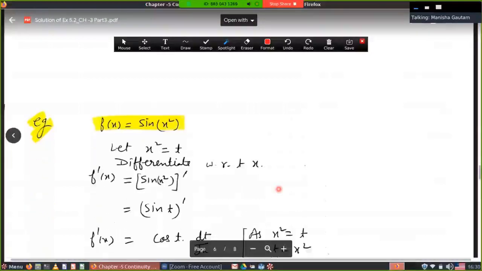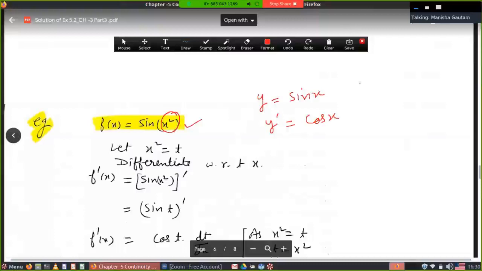Suppose here I have taken f(x) is equal to sine of x square. Now, as you know, if y is equal to sine x is given to you, then the derivative y dash will be equal to cos x. This you have studied in class 11th in the chapter limits and derivatives. Now here it is not x, it is x square.